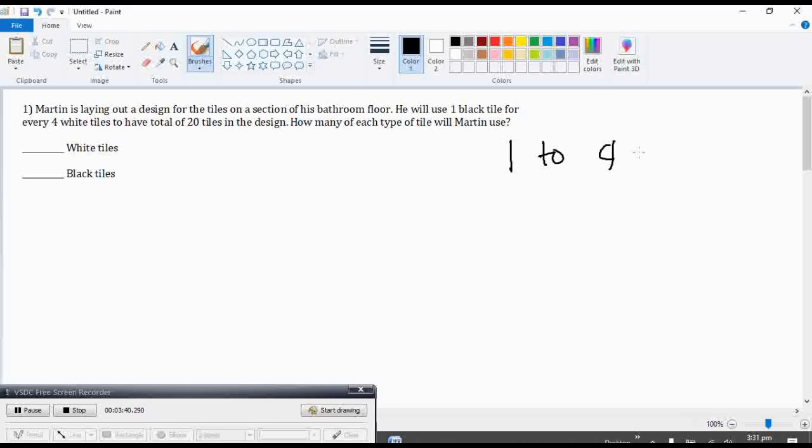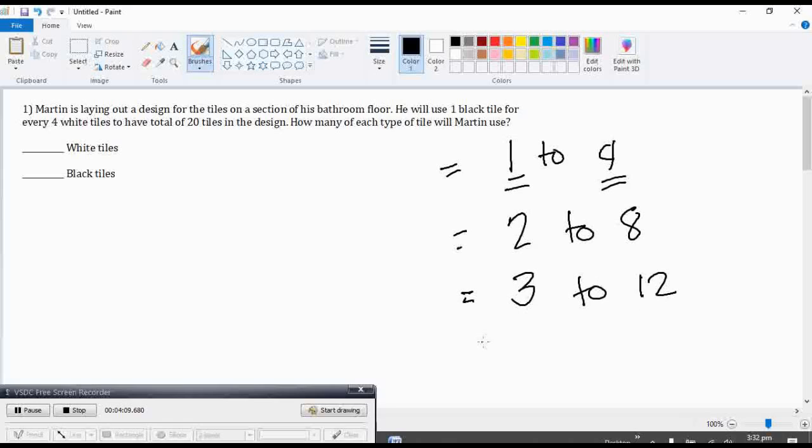So here, grade 6, you will be going to count the number of black tiles and the number of white tiles. Let's start from this one. So 1:4. Second step, if you will be going to have 2 black tiles, you're going to need 8 white tiles. If you will be needing 3 black tiles, you will be using 12 white tiles.